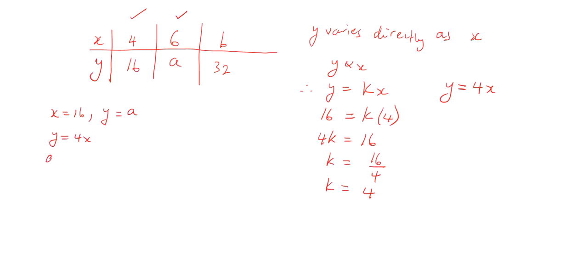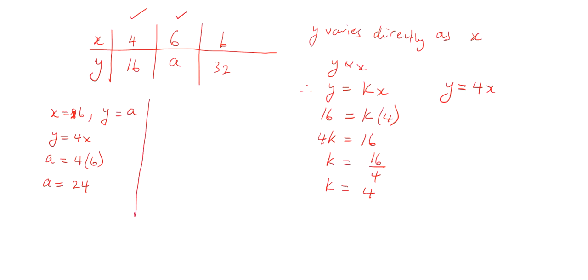So therefore a is equal to 4 times 6. Wait, I made a mistake here. This is not 16, sorry, this is 6. Sorry about that. So this is 4 times 6. Therefore, a is equal to 24. Right? So that is the answer for a.